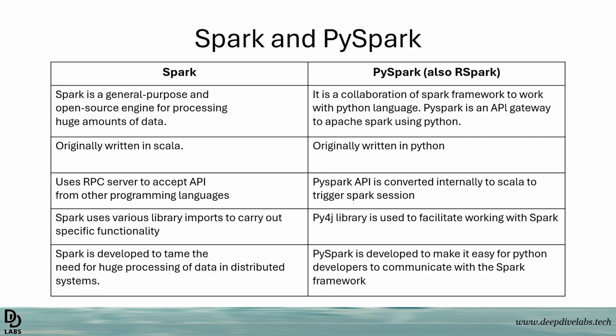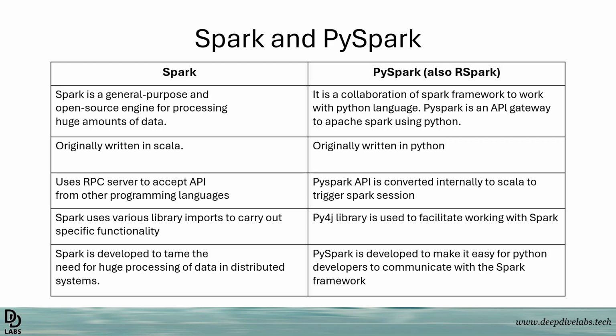So instead of letting people write programs only in Scala to access Spark, the developers came up with PySpark, which is a wrapper. That is the huge advantage, because you don't have to learn additional languages just to work on this big data engine.